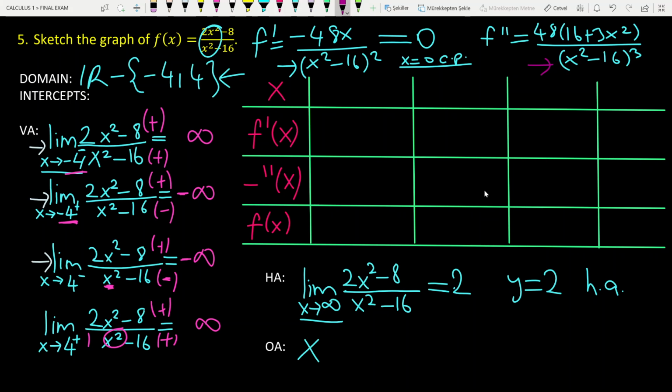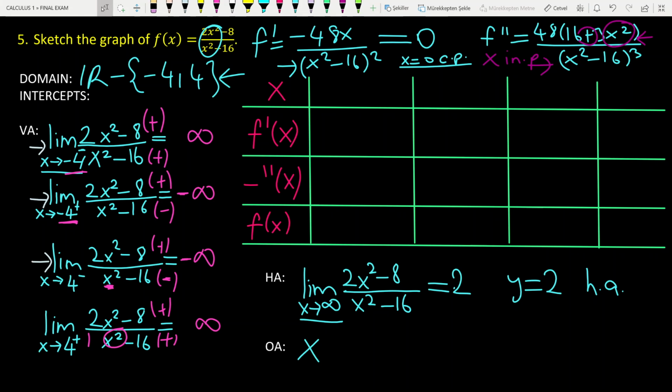So the next question is, do we have any points that make f double prime 0? No, it's not possible to make f double prime 0, since you have x square here and you have plus here. So it's not possible to make the numerator of f double prime 0. So we don't have any inflection point. No inflection point. Okay.